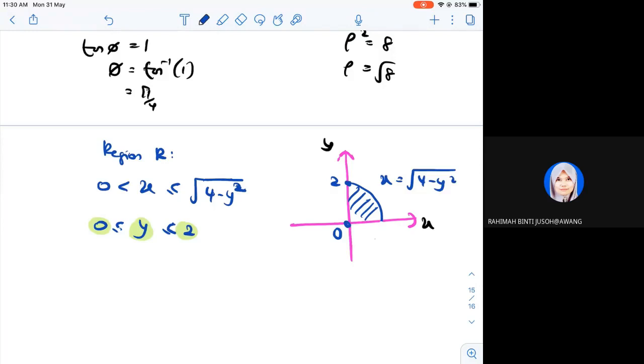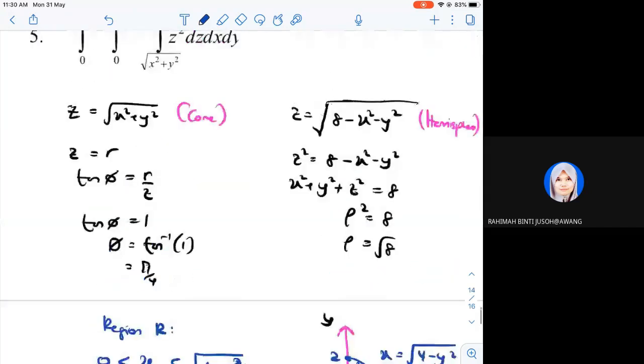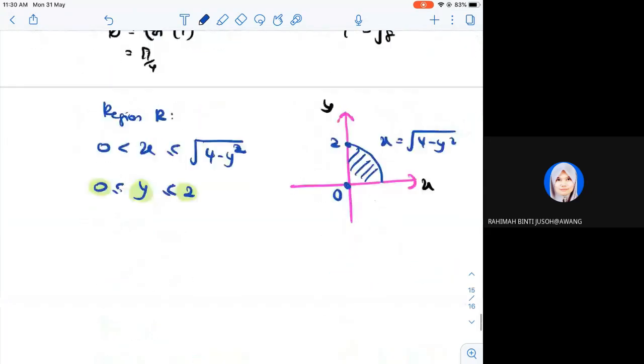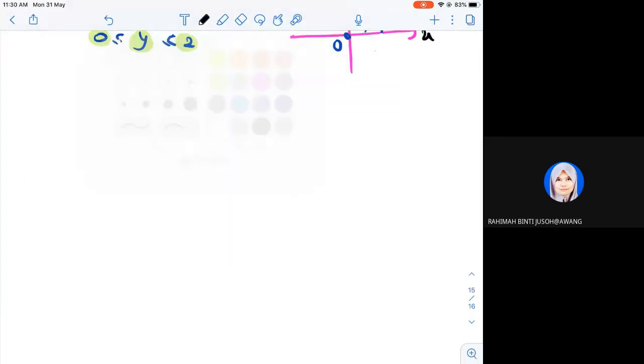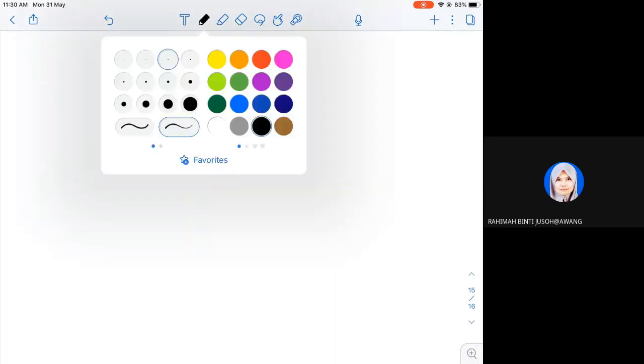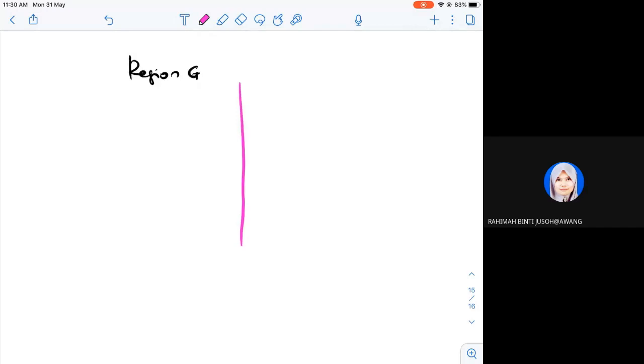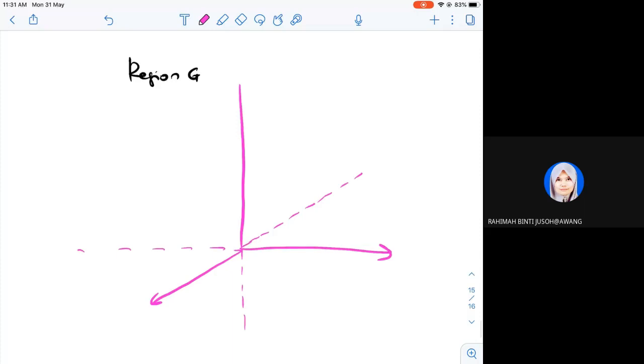Okay. So what happened, guys? Okay, we have a cone, we have hemisphere, 3D. Untuk region G, if we sketch or combine sphere and cone, logically, if we combine hemisphere and this cone, we will get an ice cream cone, isn't it? Sepatutnya dapat ice cream cone, but tengok macam mana dia punya graph x, y and z.